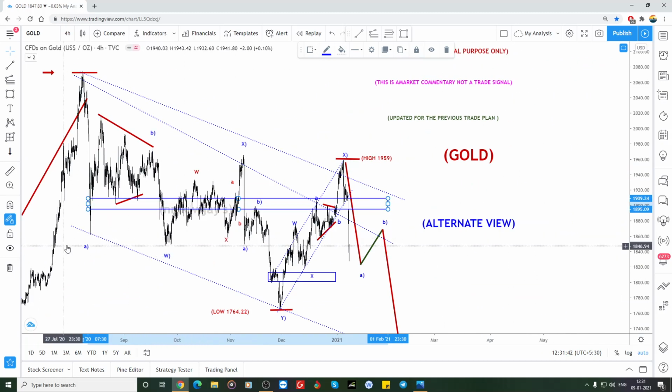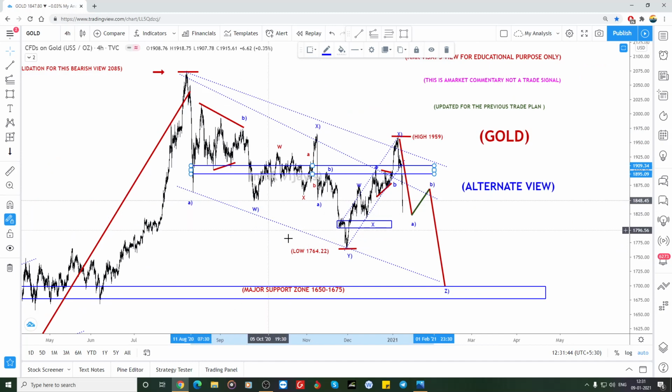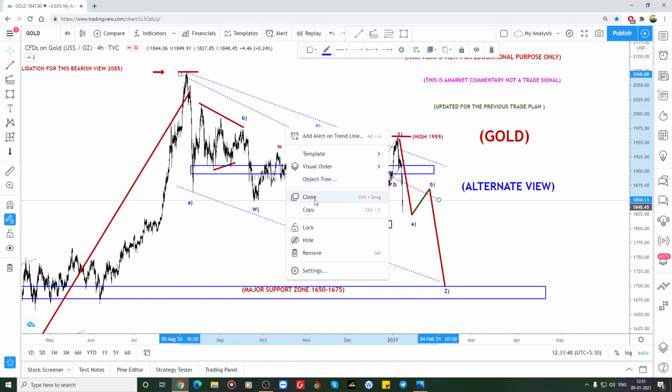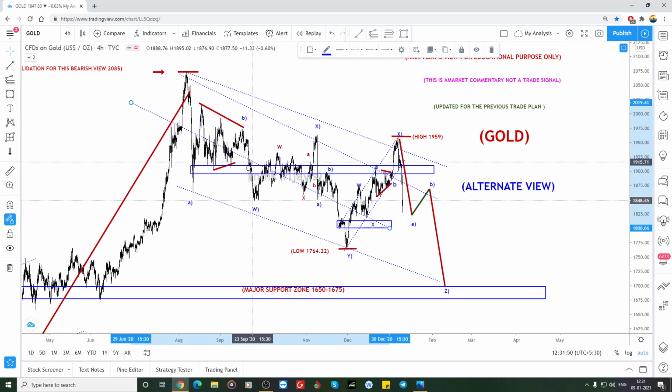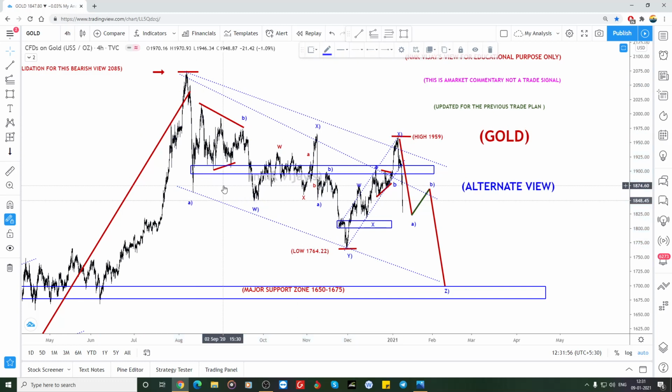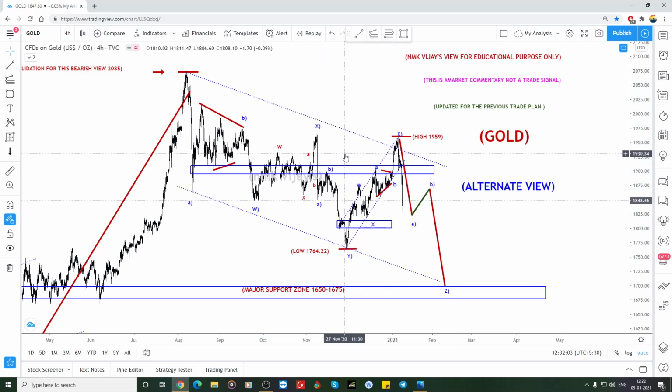So now I rearrange the channel. Look at this. Previously, I drew this channel here. I placed it like this. Now after entering this channel, immediately I came to know, okay, I did it wrong here.